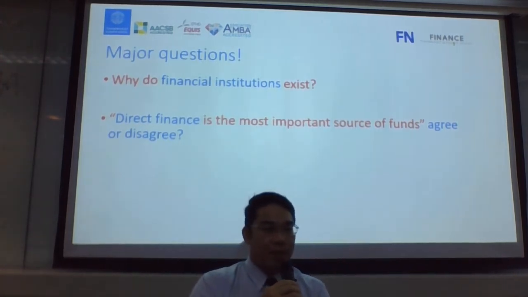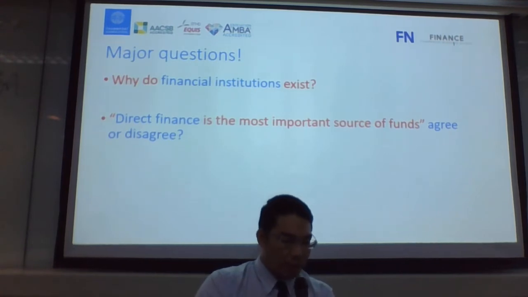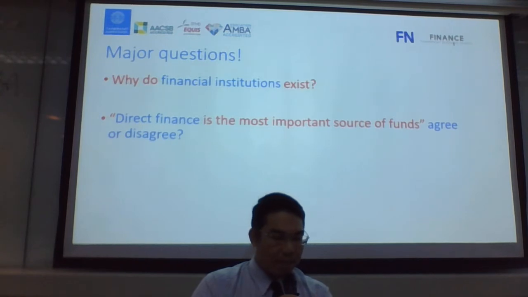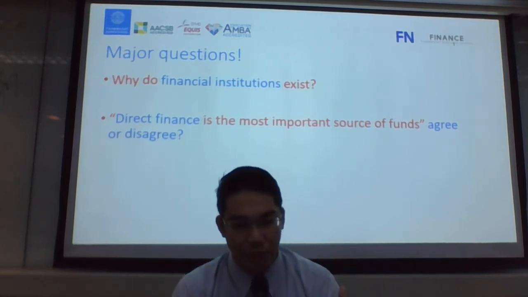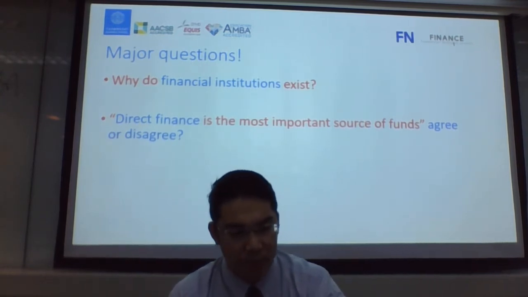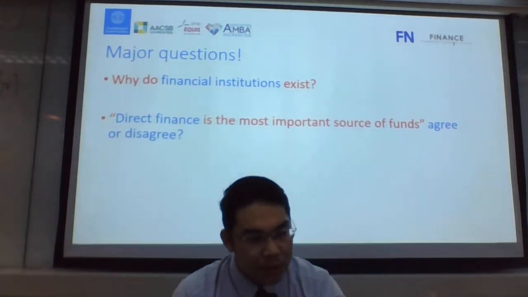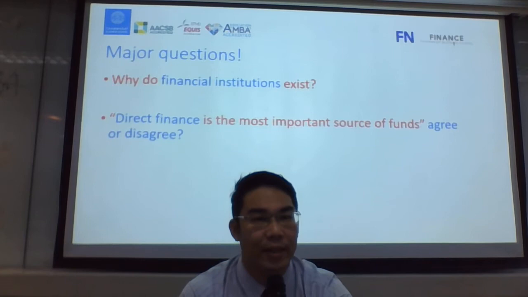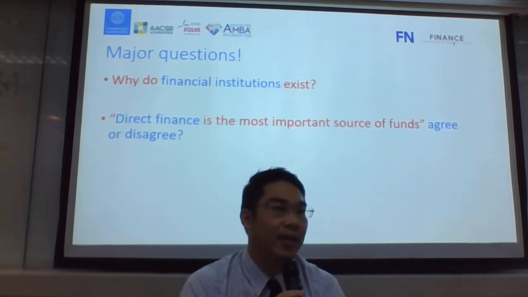We have the financial institutions because when we deal with financial transactions by ourselves, those transactions are very costly, right? Very costly in terms of time and in terms of money.